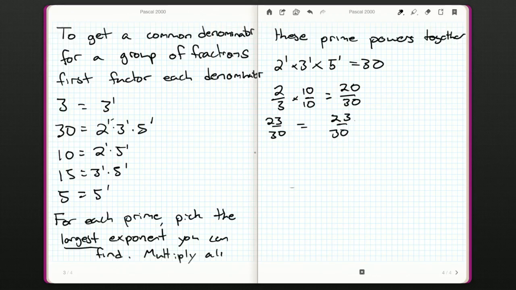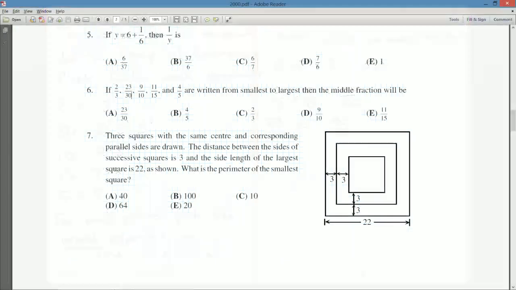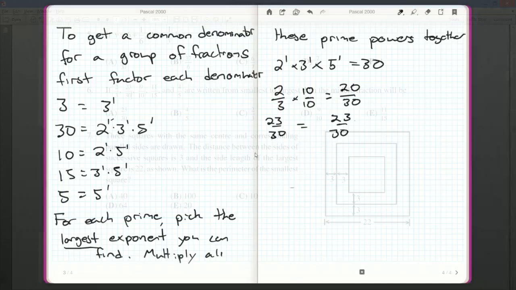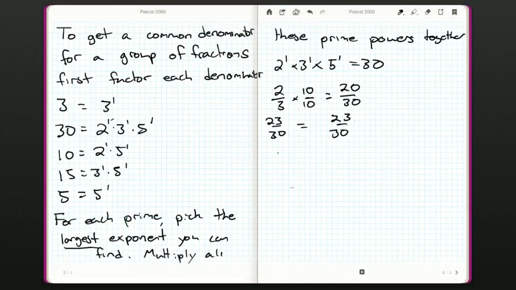The next one is 9 over 10, then 11 over 15, and finally 4 over 5. For 9 over 10, we want to get 30, so we multiply top and bottom by 3. So we get 27 over 30.